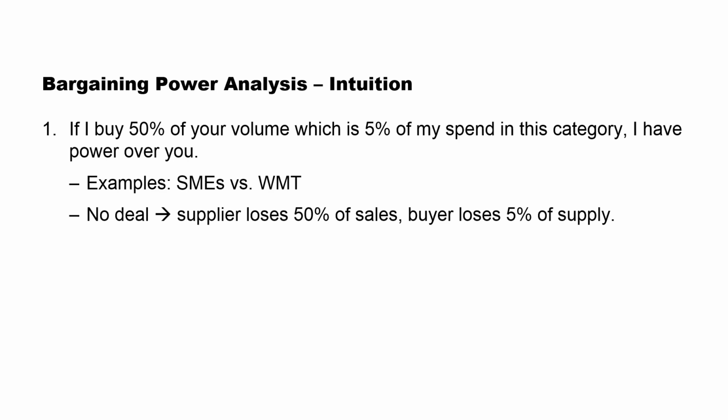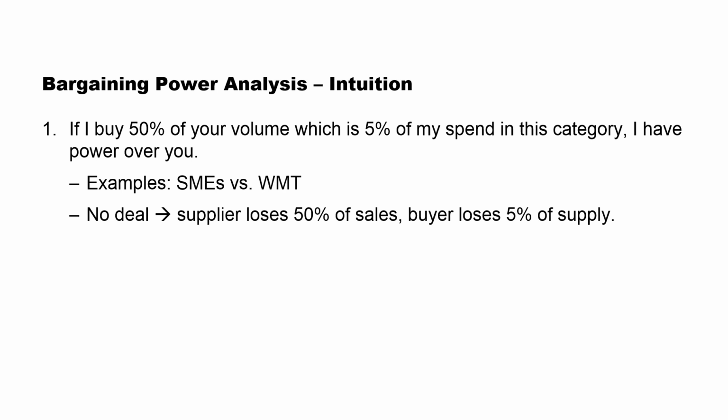In a general competitive market with multiple suppliers, you can use the bargaining power analysis to assess the leverages of the buyer and supplier. Intuitively, if I buy 50% of your volume, which is only 5% of my spend in this category, then I have a bargaining power over you.